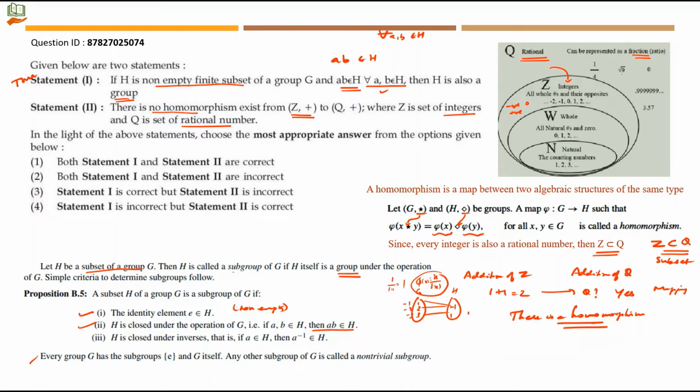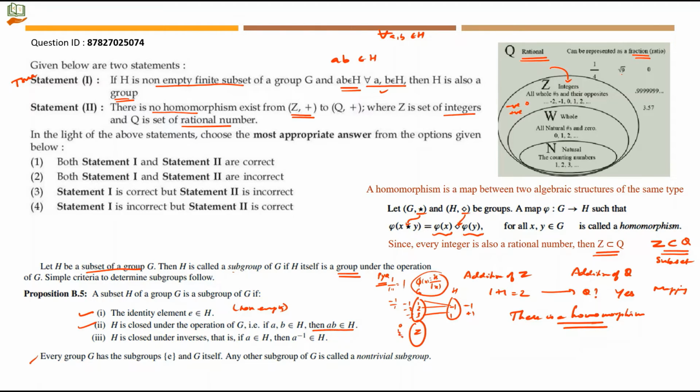All the positives mapped to plus 1 here, and all the negatives, minus 1 divided by 1, minus 2 divided by 2 and minus 3 divided by 3, gave you minus 1. All the negatives mapped to minus 1. They say using this function there is a particular mapping. This was a previous year question. I just took it as an example. So here it is addition. They have placed Z here.